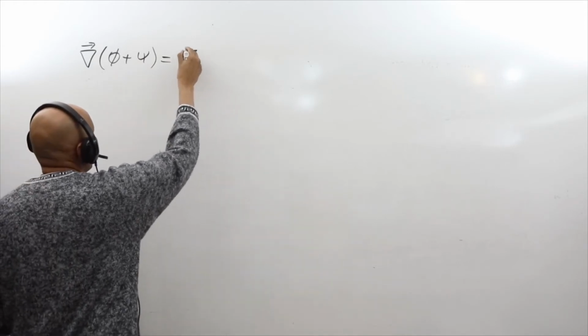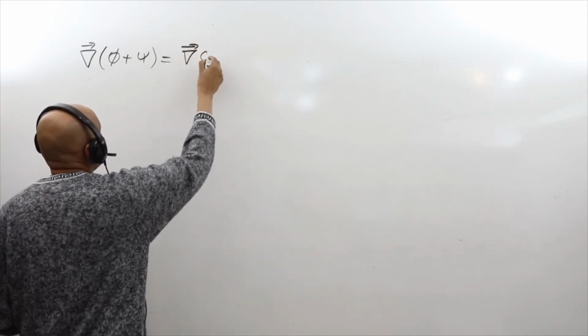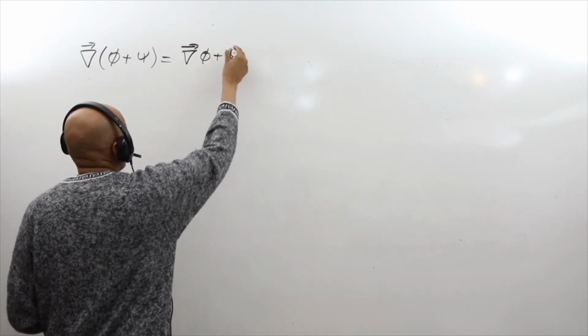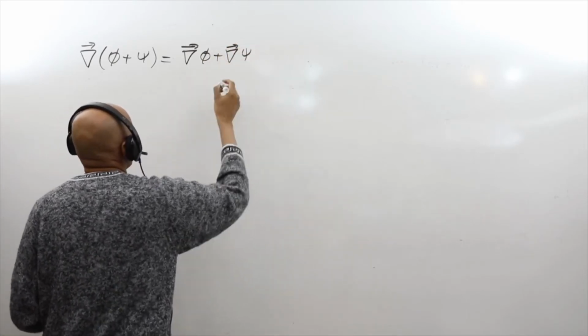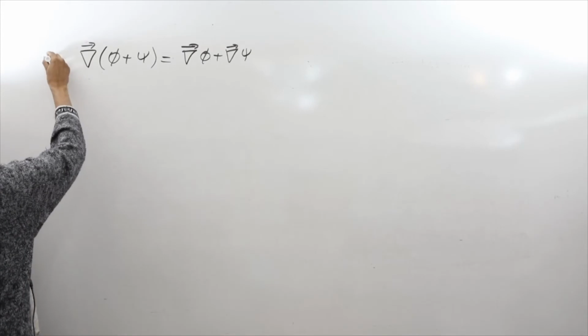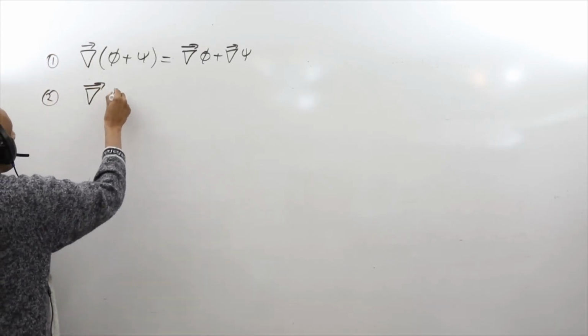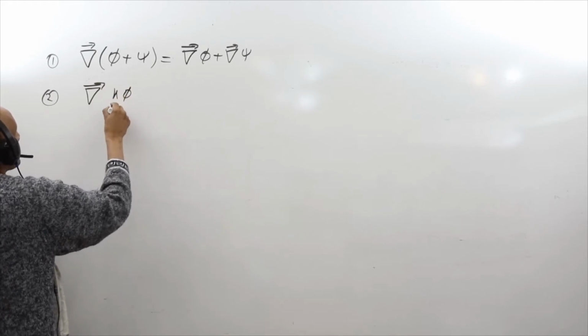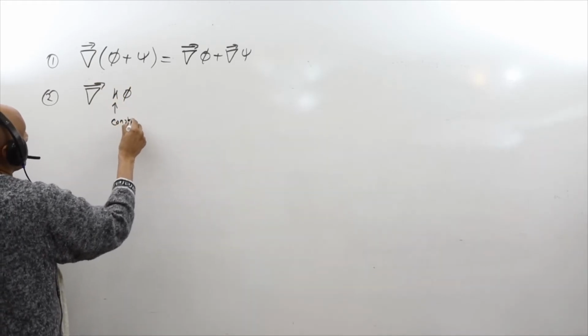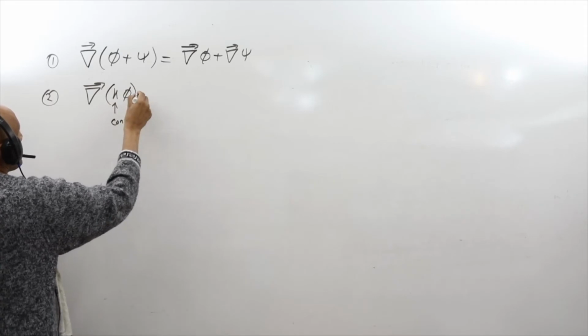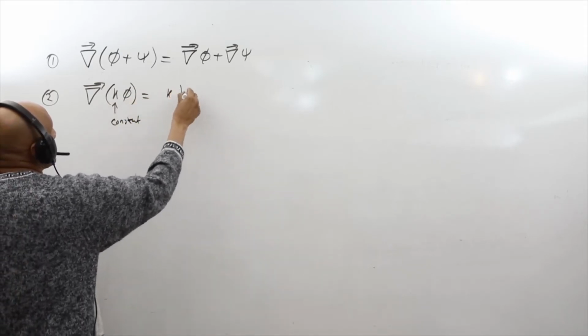You'll find that the gradient of phi plus psi is equal to the gradient of phi plus the gradient of psi. So that's rule number one. Rule number two is that if you have the gradient of a constant times phi, where this is a constant, you take the gradient, and the constant can come out of the gradient symbol.